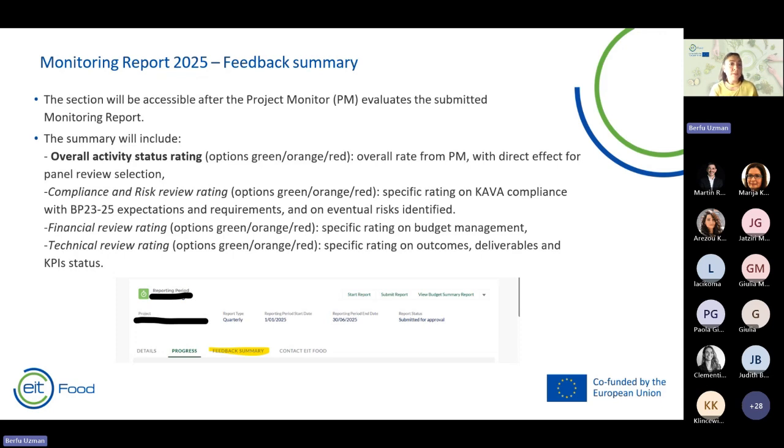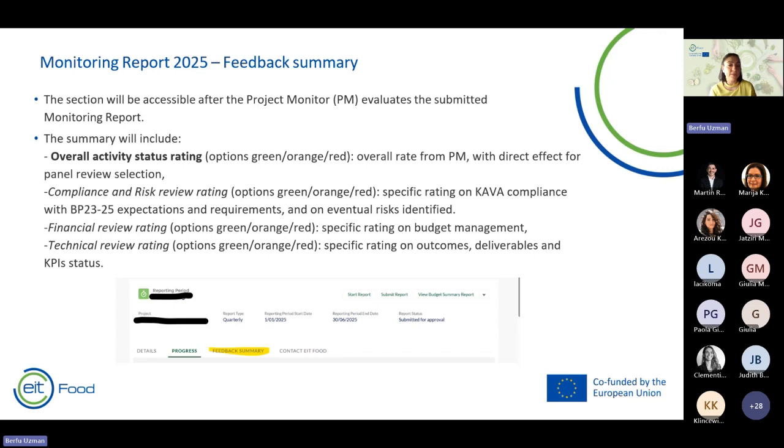The summary regarding the feedback will include the overall activity status rating. As we had the status options before in the other deliverable KPI, here in the activity status overall rating, we will have green, orange, and red as the options. The overall rating from the PM will be selected from these colors. Compliance and risk review rating, again, the colors will be the same.